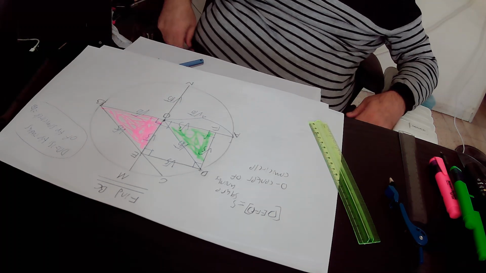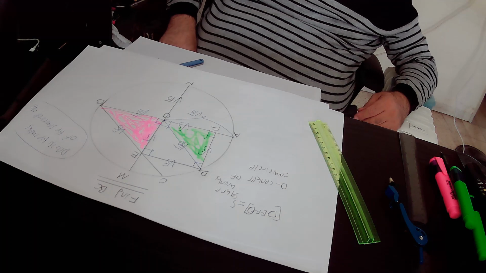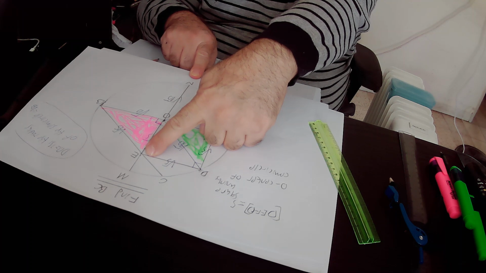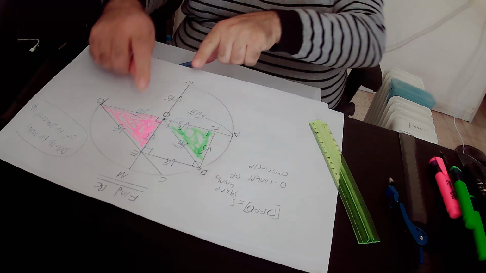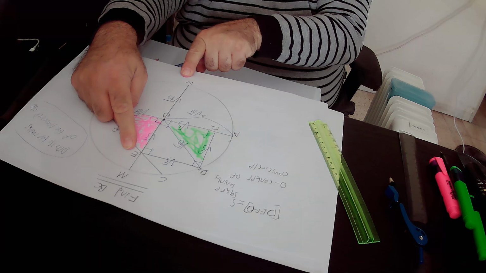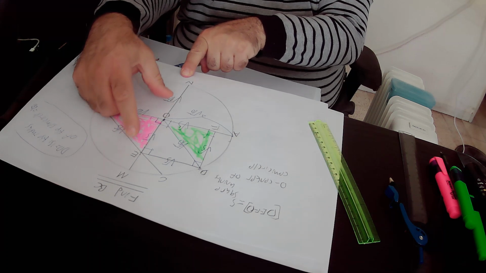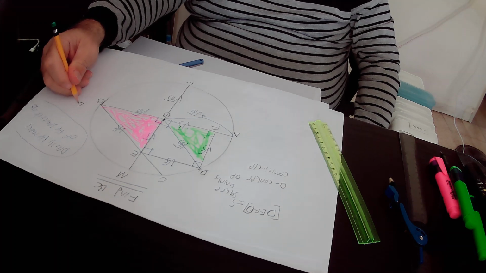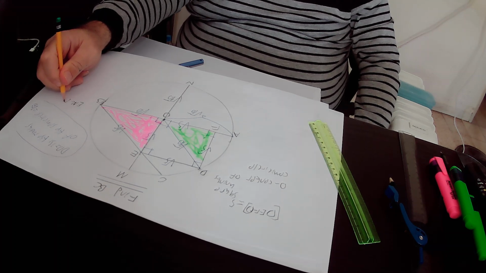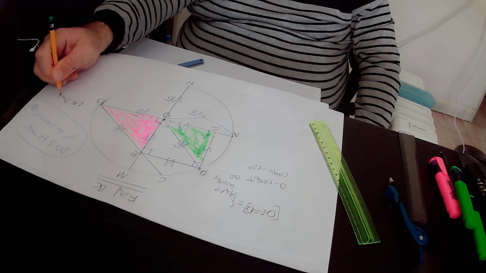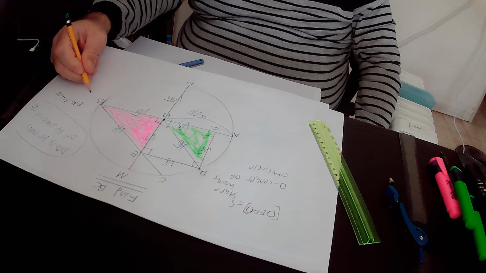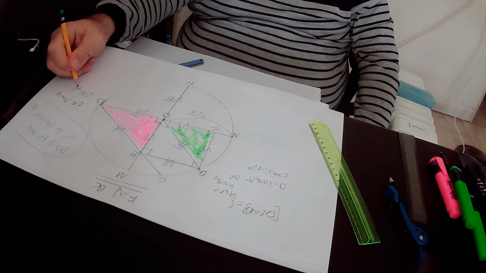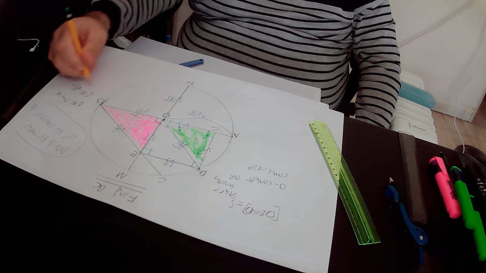And what is the length of EN? From the drawing it is very easy to see that EN equals EO plus ON. So write it down. EN equals EO plus ON. EN equals EO, that is the square root of 5, plus ON, that is the square root of 10.